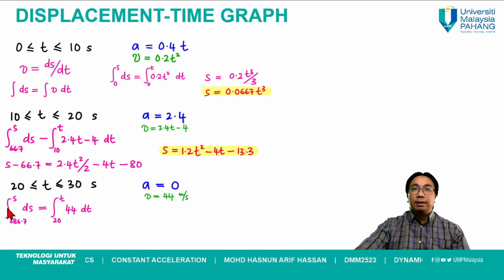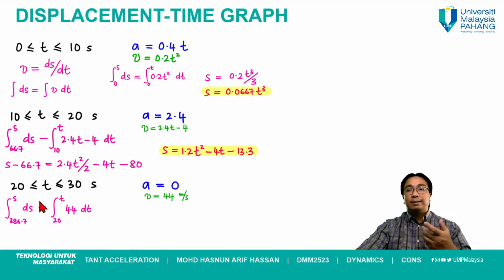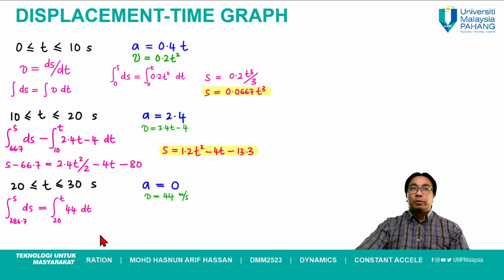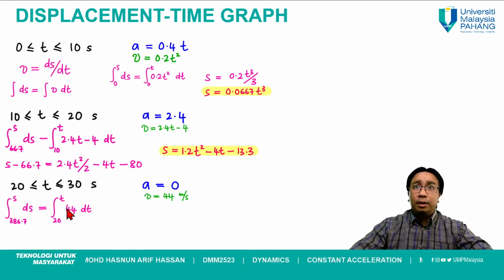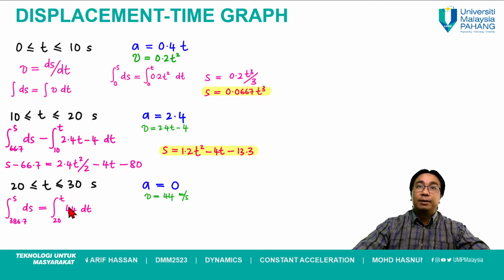Okay, until integrate sampai upper limit dia S lah, the variable. For the right hand side, you integrate, lower limit is 20 lah, because this one is with respect to time. So time kita lower limit is 20.